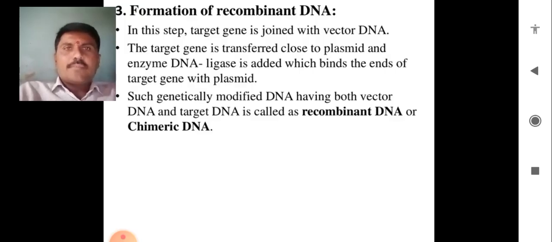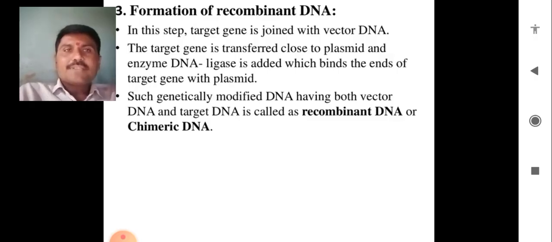Mostly we see bacterial cells. Plasmid is used as a vector. Plasmids are circular DNA which lie in the bacterial cell, and the desired genes from the cell or plant cells are added to this plasmid.